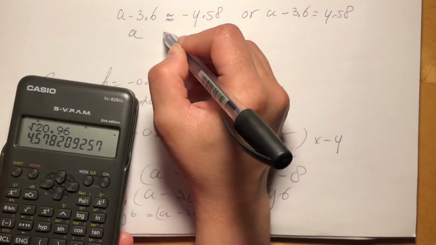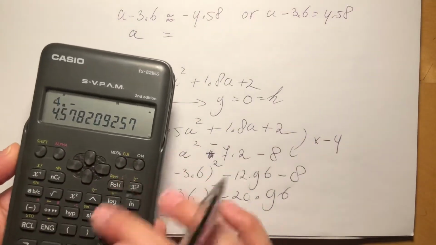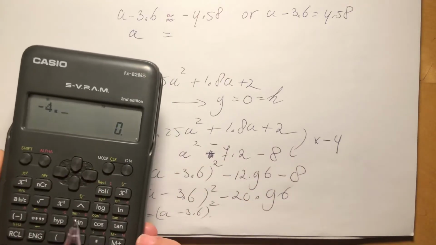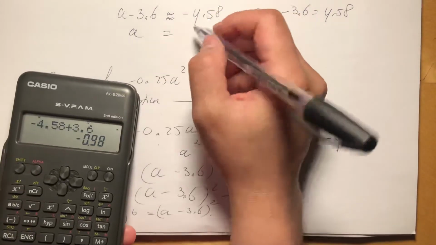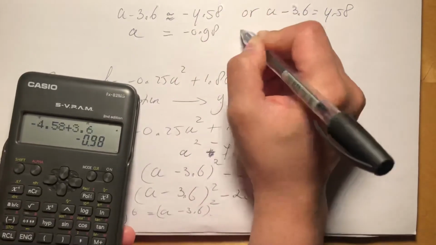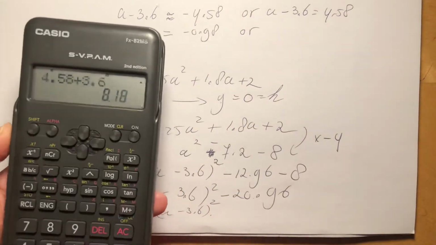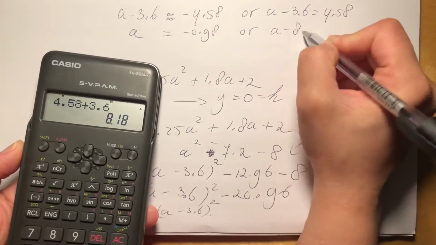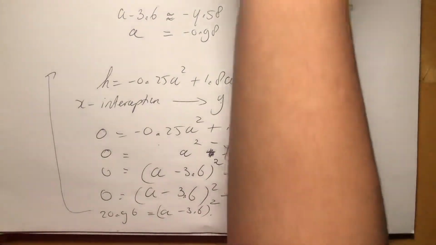So a will be negative 4.58 plus the 3.6, because bringing it to that side, negative 0.98, or it will be 4.58 plus the 3.6. a will be positive 8.18. So in other words, get back to the sketch.